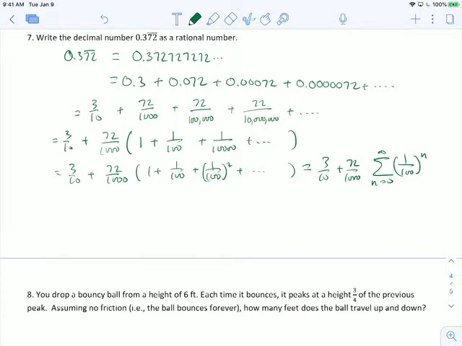And so I can continue here. I get 3/10 plus 72 over 1,000 divided by 1 minus 1/100. So I get 72 over 1,000 over 99 over 100.